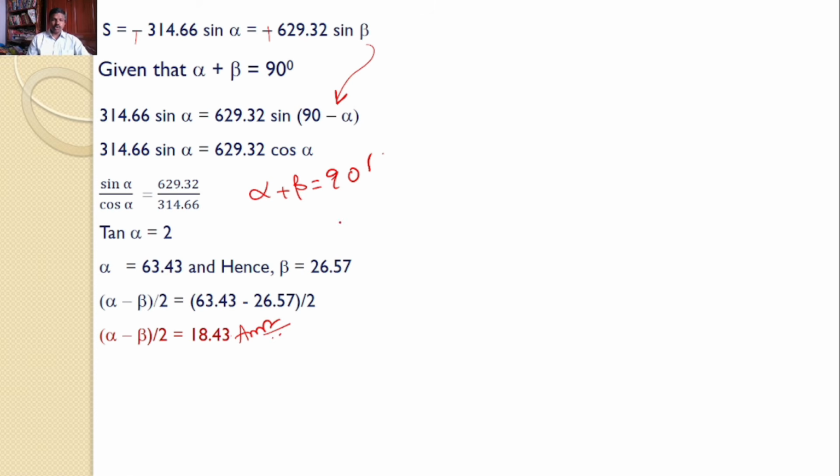Similarly, our interest is to find the values of RA, RB and also S. Since I know the values of alpha and beta, I can easily calculate S, RA and RB. From the free body diagram of roller A, I got RA is equal to 314.66 cos of alpha minus beta by 2. Now I know the value of alpha minus beta by 2.